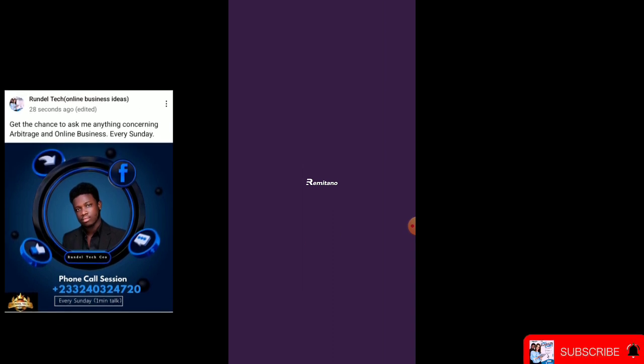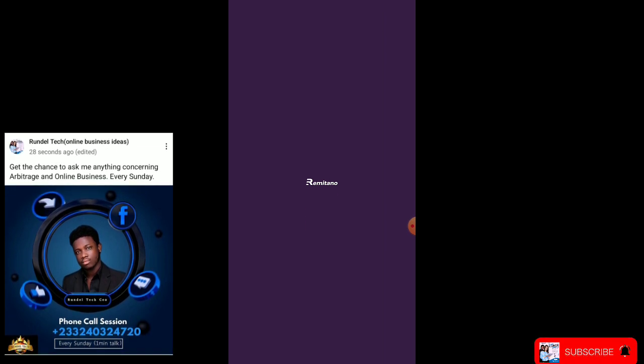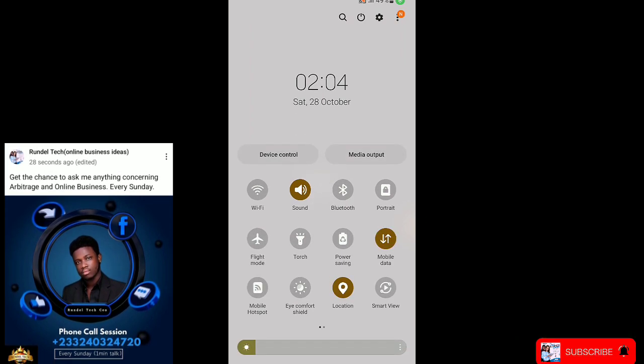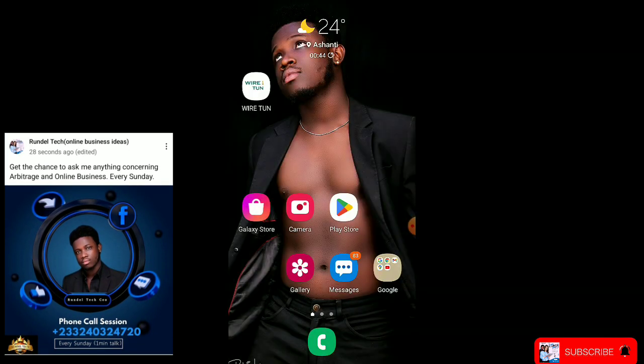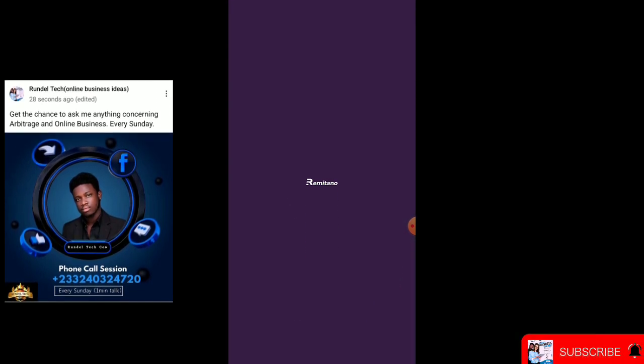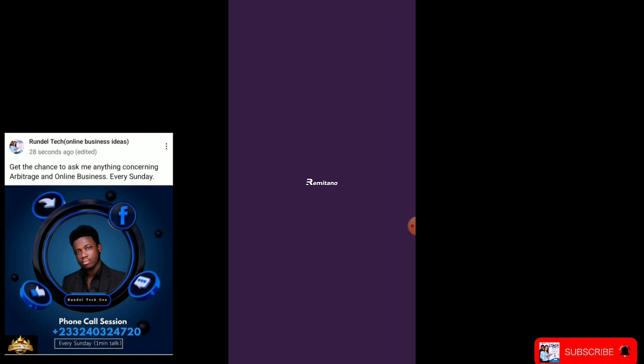First of all, you can't access the account without switching on your data, so let's switch on the data before we do it. Let's go to the app. This is the highest version, so it delays more, but you can download the lower version. The higher version has a lot of features that will help you as a trader.